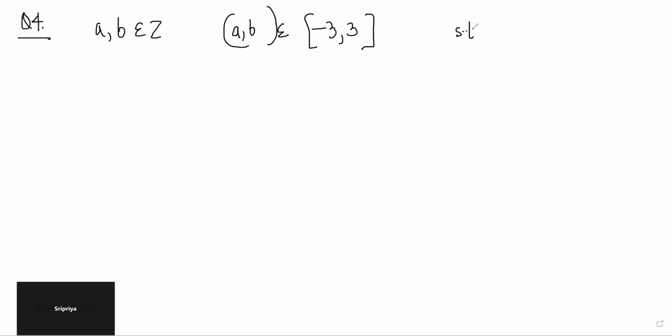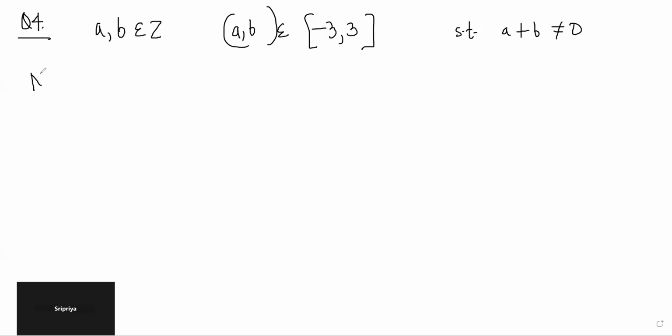Okay. Let integers a and b belong to the integers from -3 to 3, such that a plus b is not equal to 0.